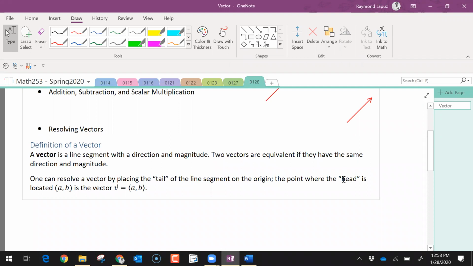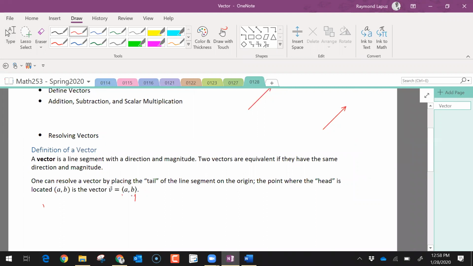And so what we're interested in doing is resolving a vector and then being able to write a vector. What I'd like you to think about is that a vector is essentially a point. Well, we write a vector as if we write a point. In the past, I've been kind of loose with the notation, and I would write vectors in open parentheses, but I think I did pretty well last semester when I taught this class where all my vectors are of this form with the, what do you call these brackets?